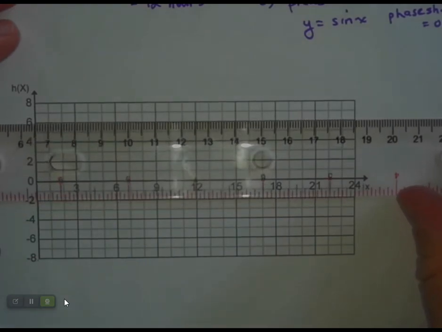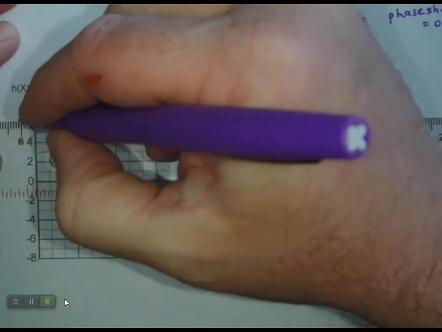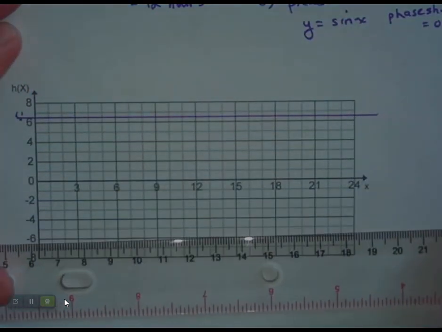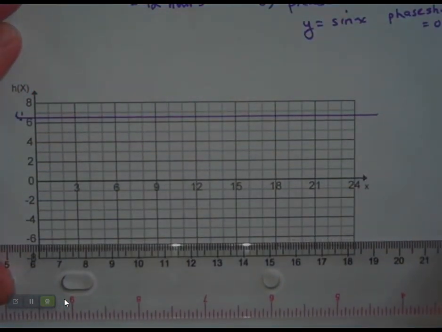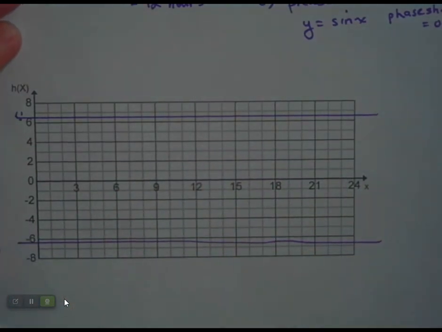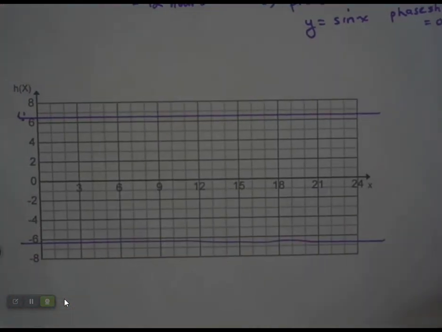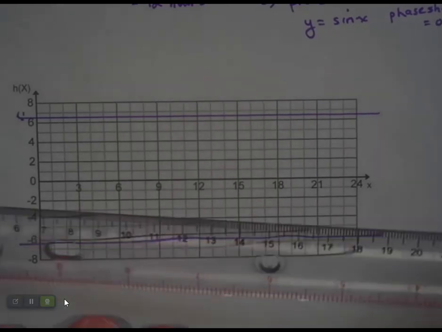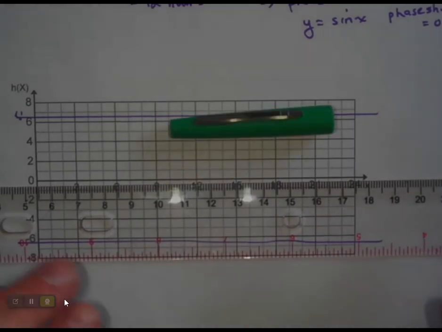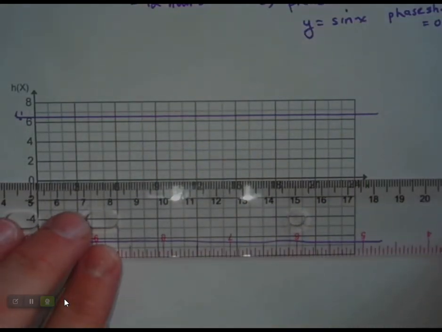There's my max height, there's my minimum height, and I know my equation of axis is at 0.